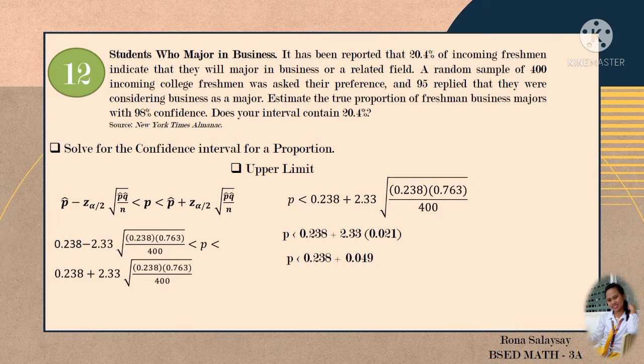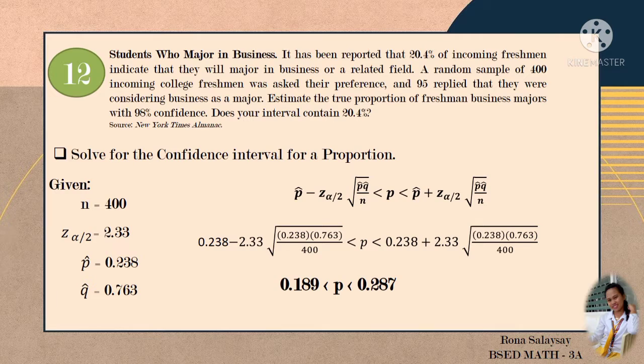Then, 0.238 plus 0.049 is just equal to 0.287. So for our upper limit, we have 0.287.